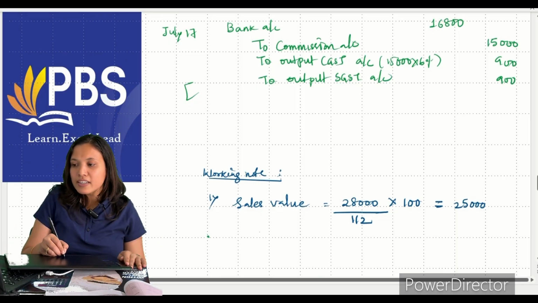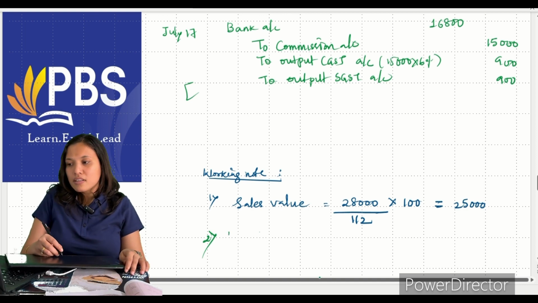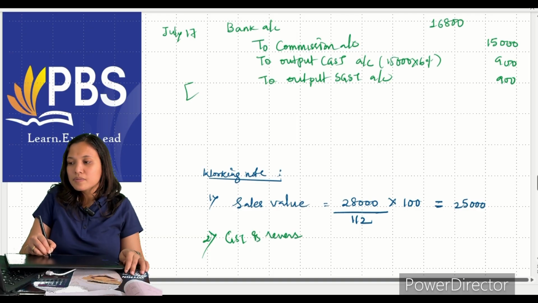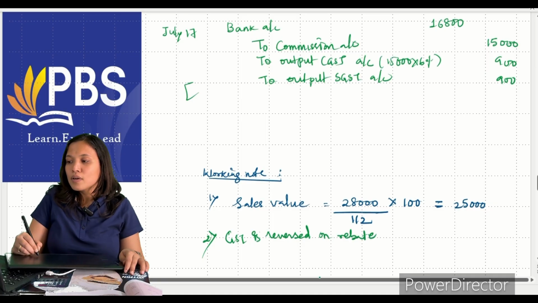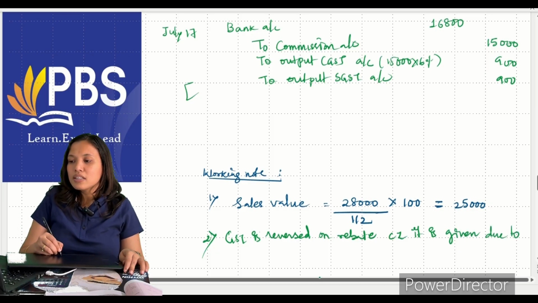We can also write down note number 2, because GST is reversed on rebate because it is given due to defective goods.